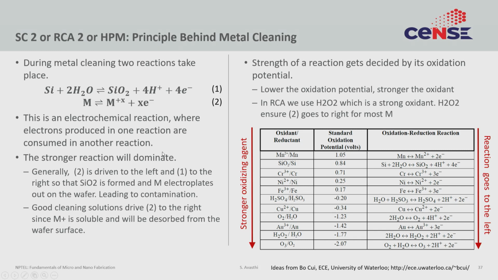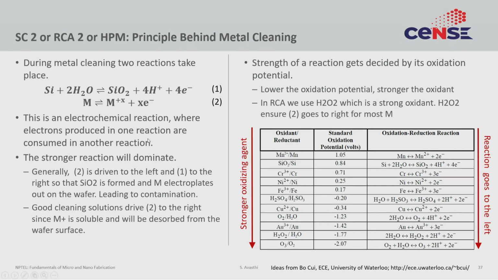A little bit more about the mechanism behind the HPM clean. If you look at the silicon surface, there are two things that can react. It is the silicon, which can form silicon dioxide, and you have metal, which will form the metal ion. So, this is an electrochemical reaction. Which of these will occur is decided by their standard oxidation potential.